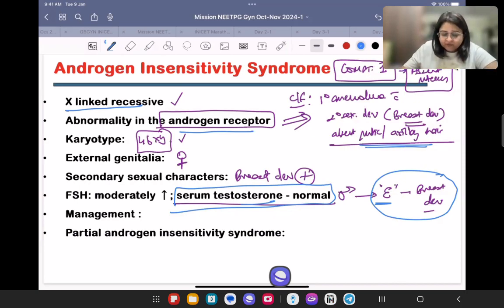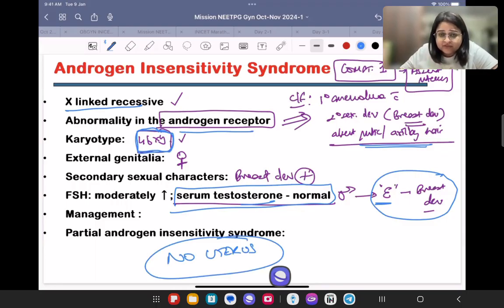Okay. Now, when you diagnose this, how will you diagnose this? This girl will come, when you examine her, she looks like a female, but there is no axillary hair, there's no pubic hair, and there is an abnormality. And when you do a karyotype, you find they are 46XY. Also remember, they don't have a uterus. So that's the most important thing.